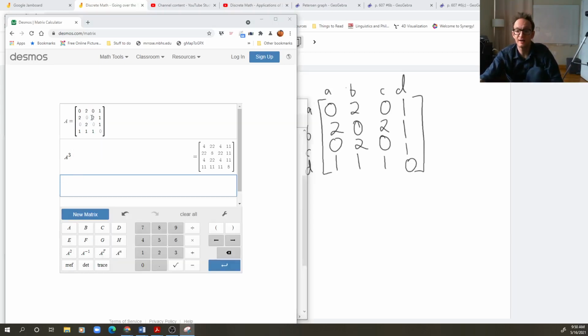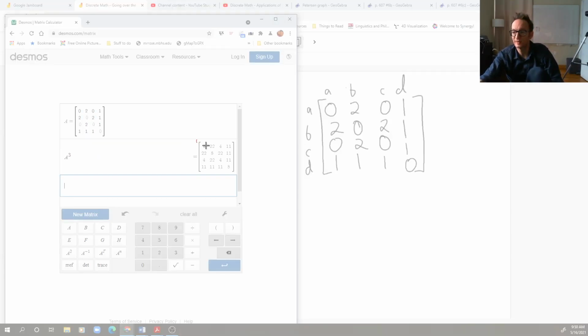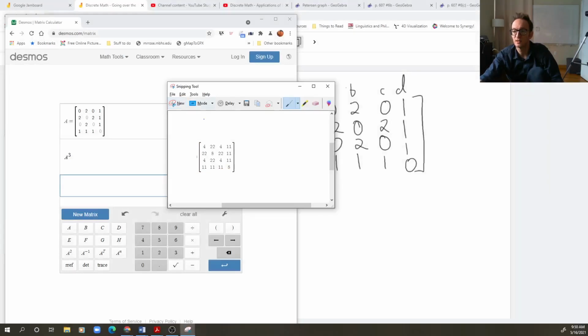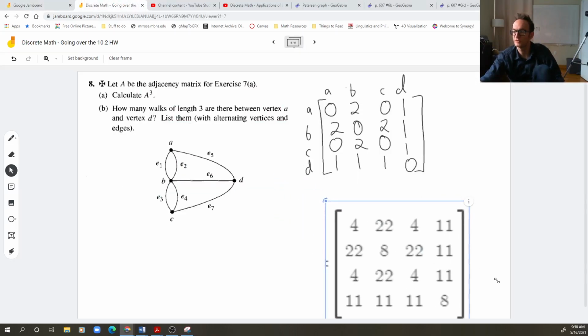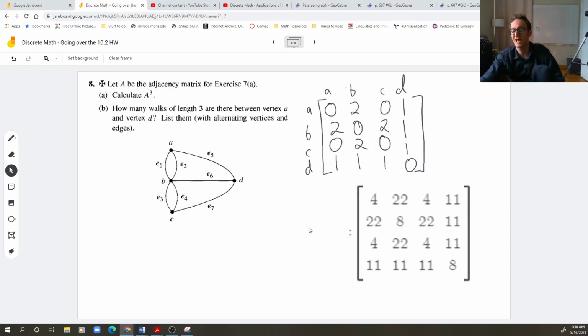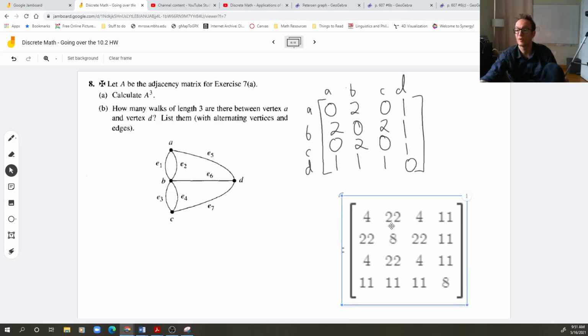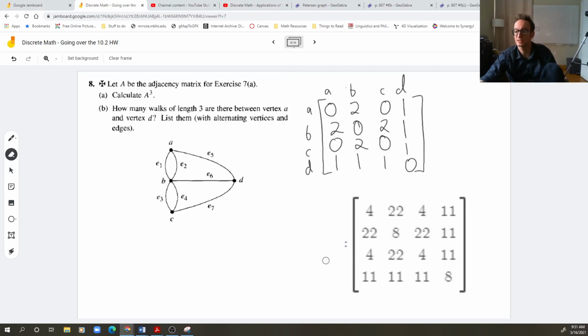What is the significance of this little matrix, which I now copy? The significance of this matrix, we proved in our theorem, is that it tells you now for every pair of vertices what the number of walks are from that vertex to another vertex of a certain length.